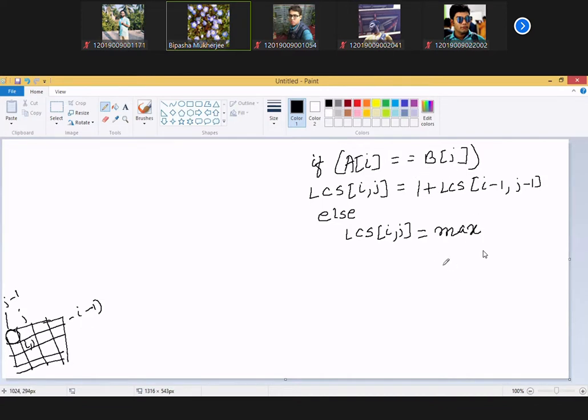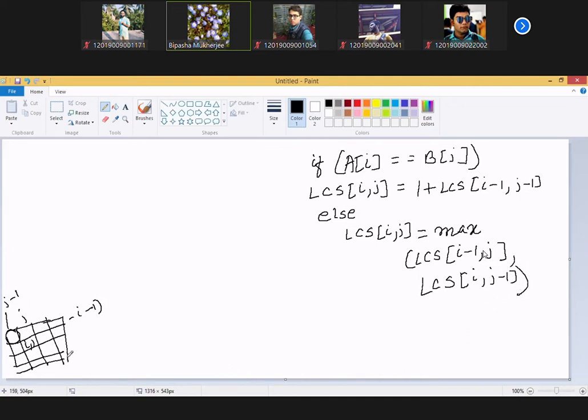If it's not equal, then also you need to write some value. Then what value will be taken? It will take LCS i minus 1, comma j, comma LCS i, comma j minus 1.